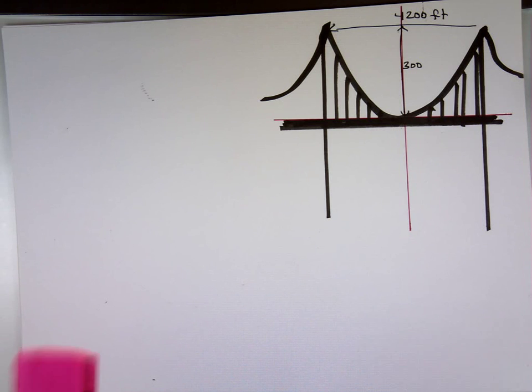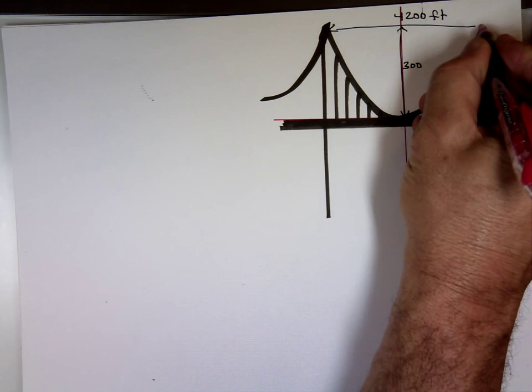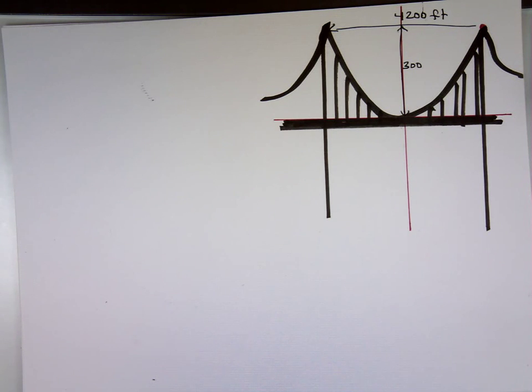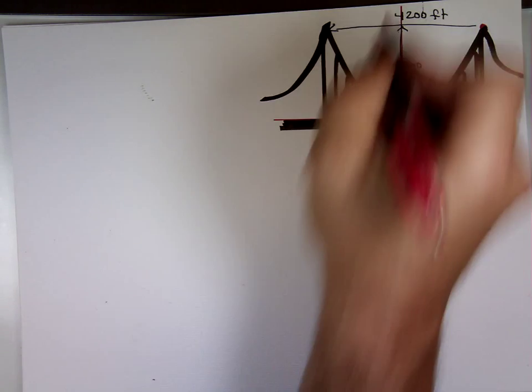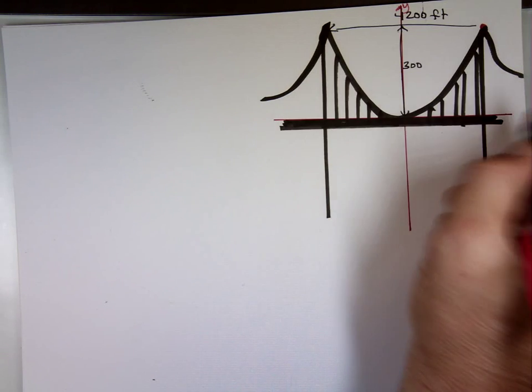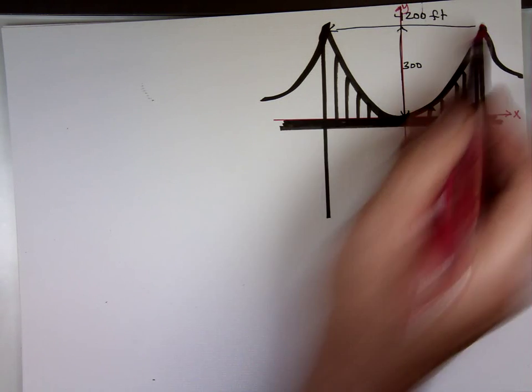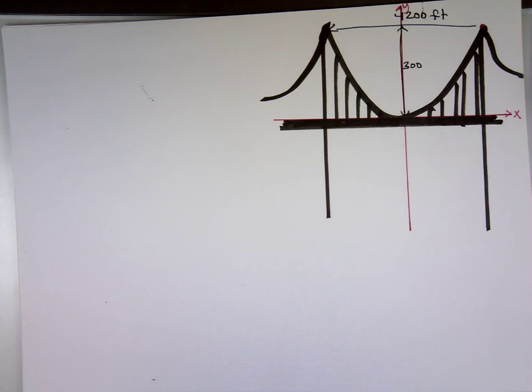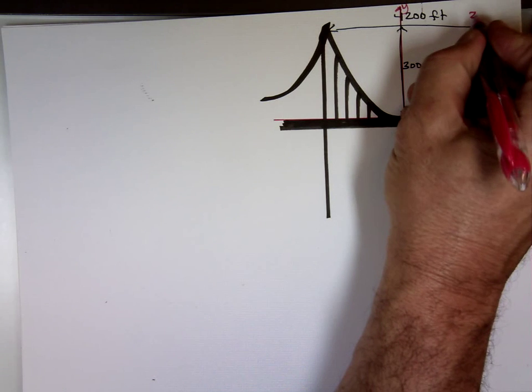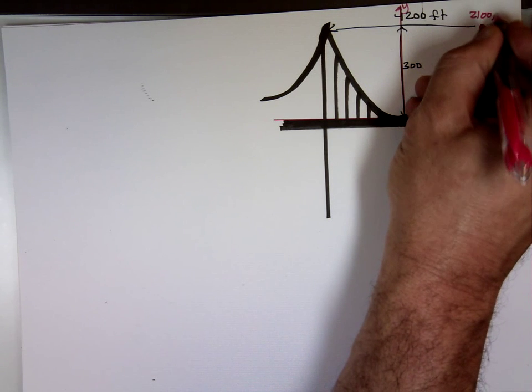We know the coordinates of one point. What are the coordinates of that point? If this is the y-axis and this is the x-axis, what's the x value, what's the y value there? 2100 by 300.